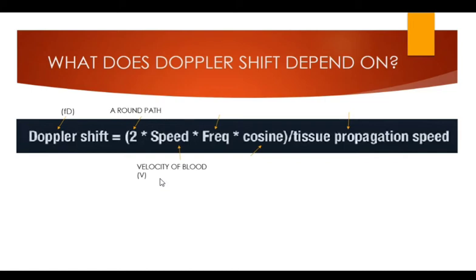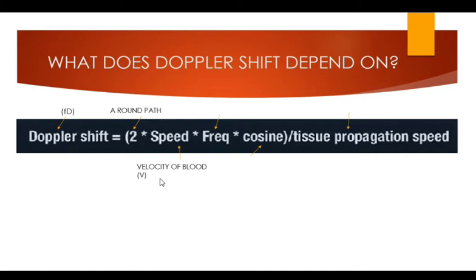And so obviously that's going to affect the Doppler shift. You could have a little tight valve in there and that blood's got to go through that tight valve, so obviously that's going to speed the blood up. If you speed the blood up, you're going to get a higher Doppler shift. So that's the way I like to think about velocity in this equation.